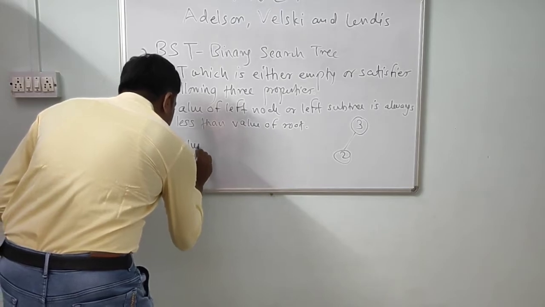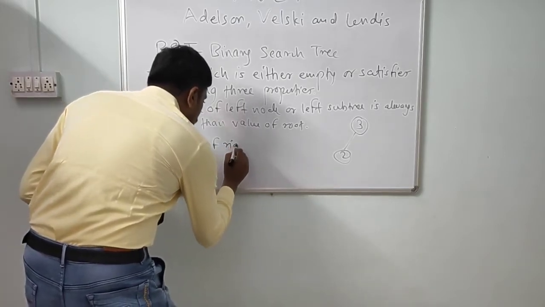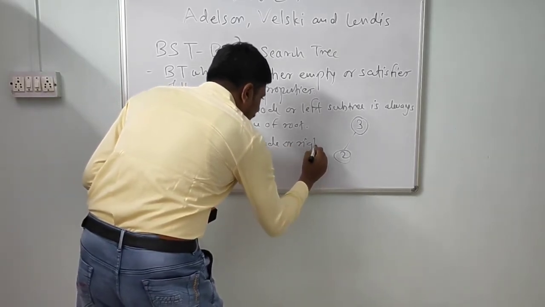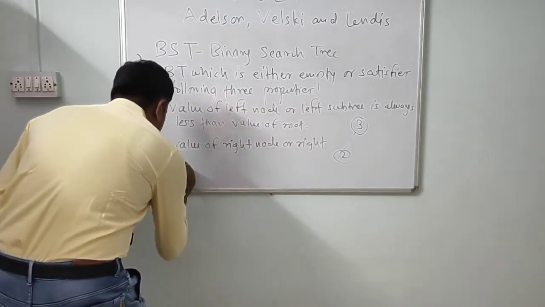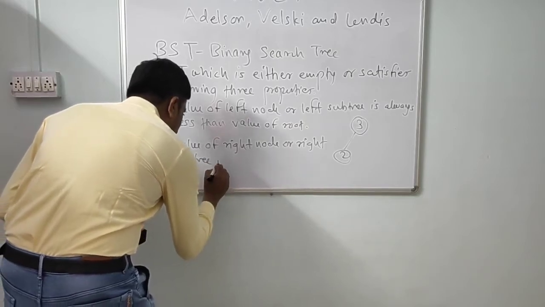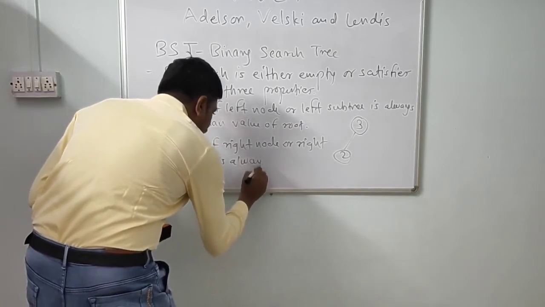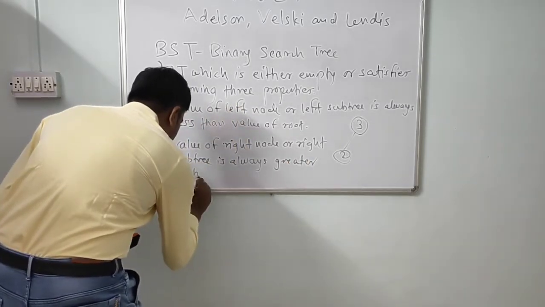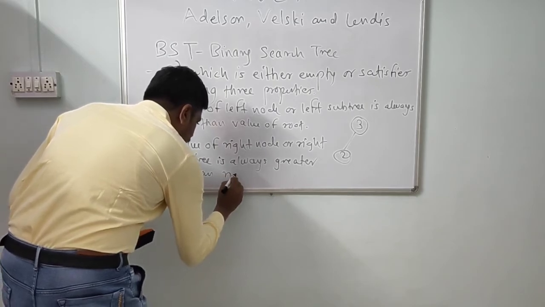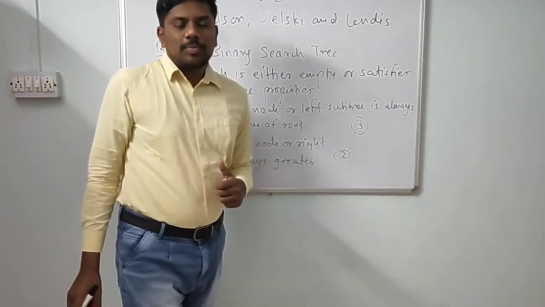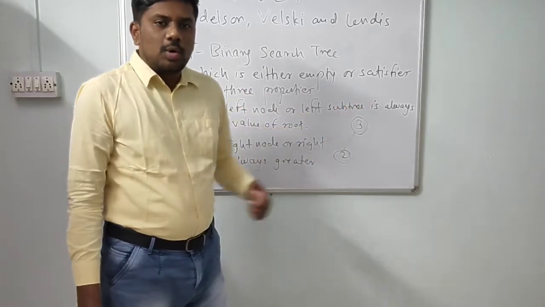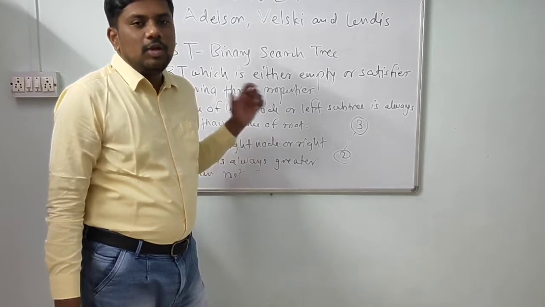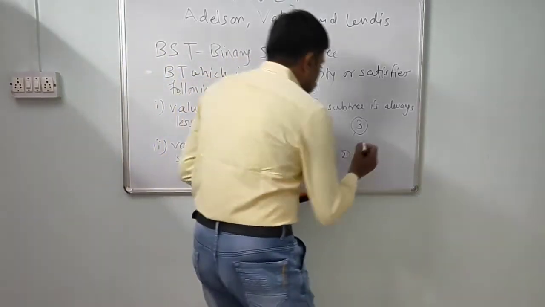The value of the right node or right subtree is always greater than the root.